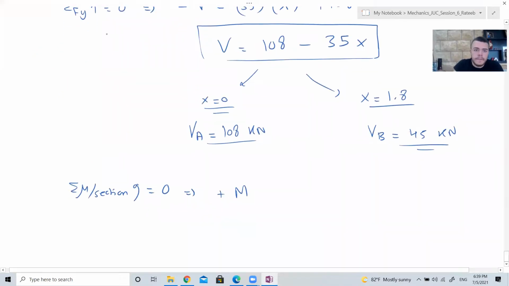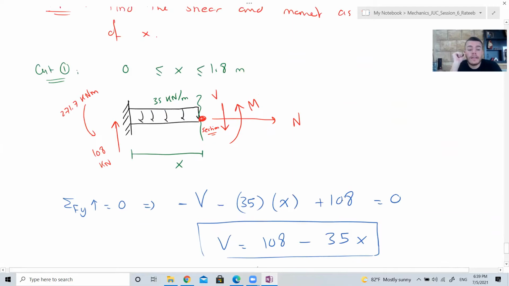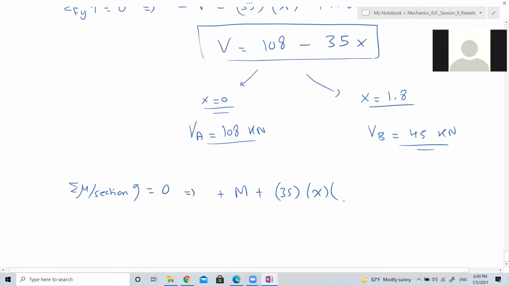So it's plus 35 times x, which gives you the resultant, times what? Times x over 2.